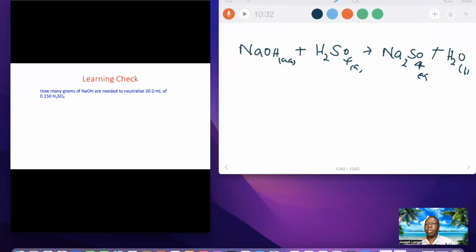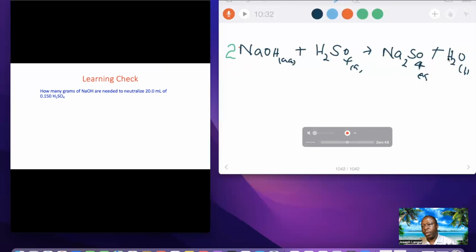So we add that. Make sure that the equation is balanced. Otherwise, you will not arrive at the correct conclusion. 2 sodium, so as to balance the 2 sodium here, we need to put a 2 in front of sodium hydroxide. Let's see oxygen. 2 times 1, 2 oxygen plus 4 is 6 oxygen.